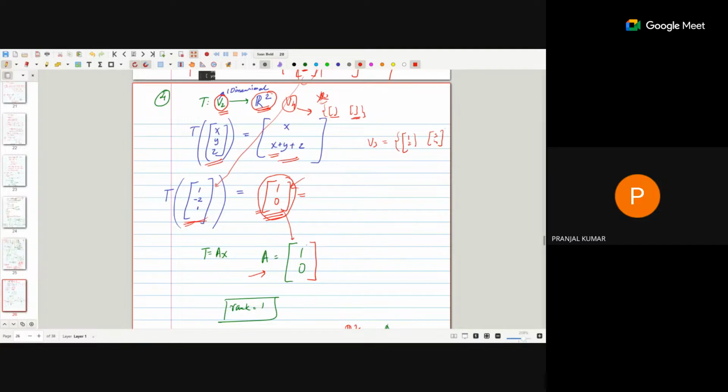Now this output would have to be expressed as a linear combination of these two, say a(1, 2) plus b(3, 4). You would find these and then place them as columns, so (a, b) would be your corresponding matrix. Are you getting this? Yes, sir. Very good, sir. Thank you.